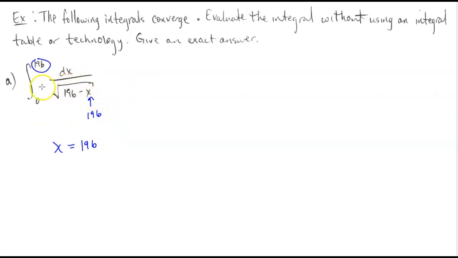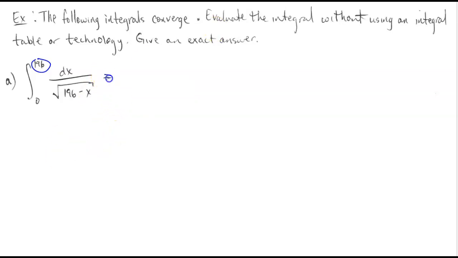What we do know is that because 196 is not in the domain of the integrand, 1 divided by square root of 196 minus x, it's an improper integral. And because of that, we're going to have to evaluate this with some care.